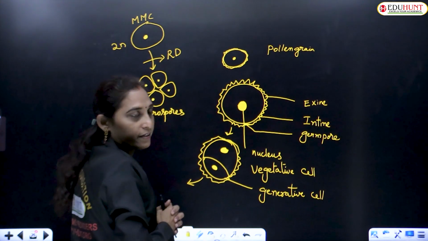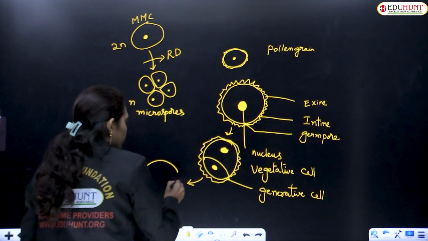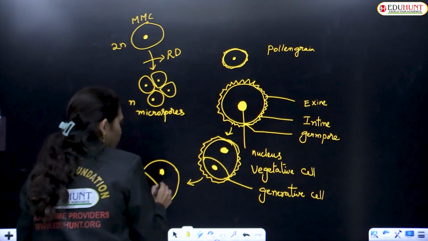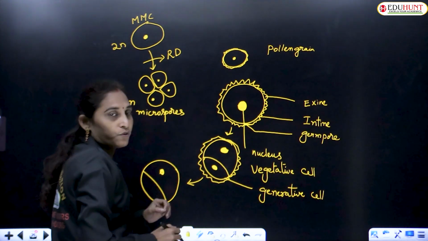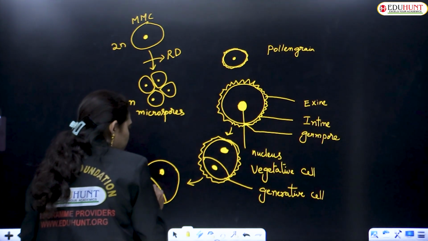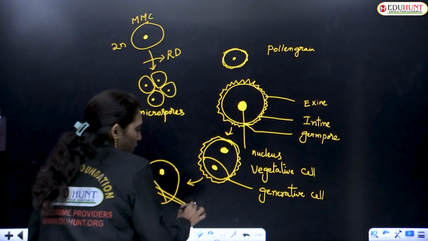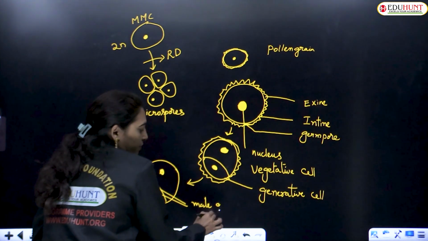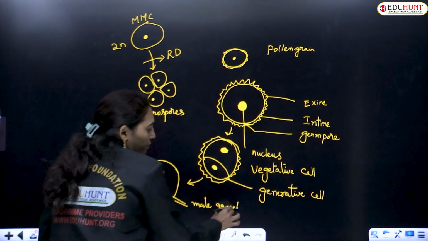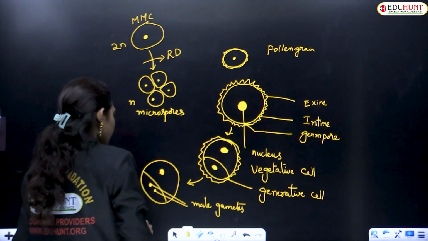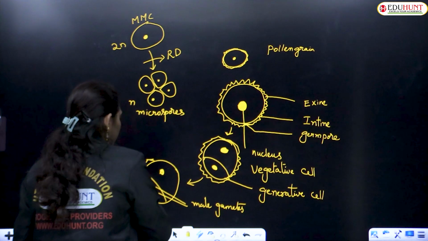After the second division, the nucleus of this generative cell undergoes one more division and produces two male gametes. Okay, male gametes.